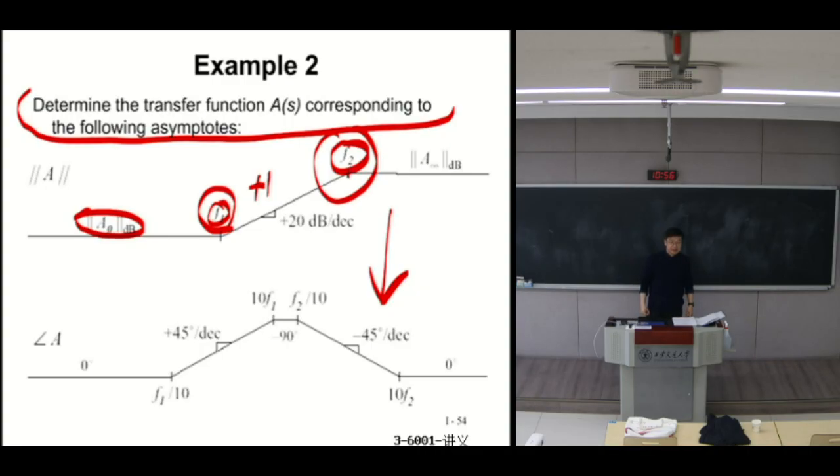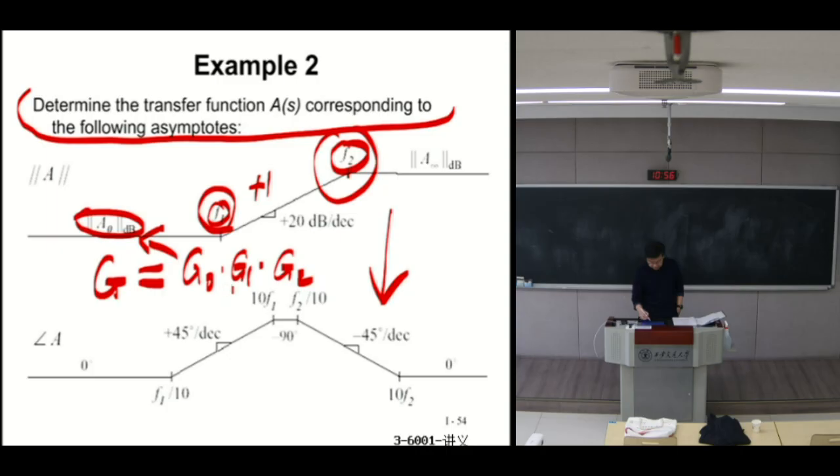Okay, so that means this transfer function must be composed of, if the total transfer function is represented by G, let's say, one constant G0, which corresponds to the low frequency magnitude dB value, multiplied by G1 and G2.